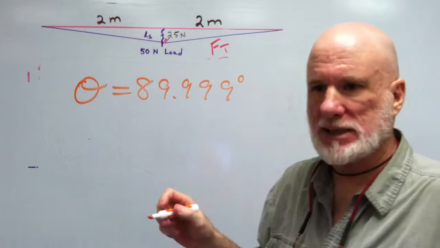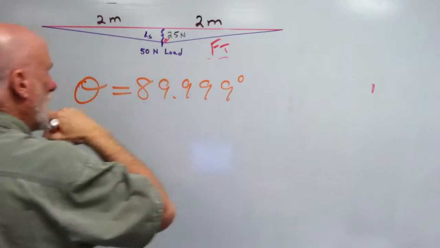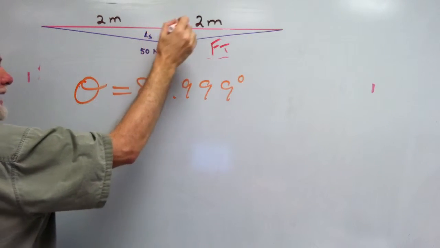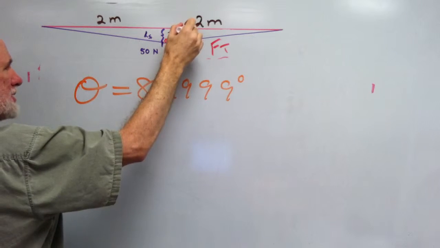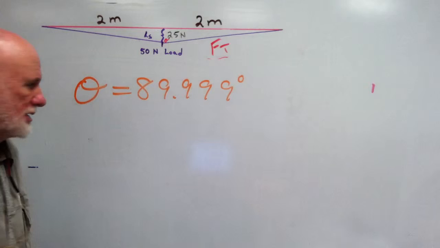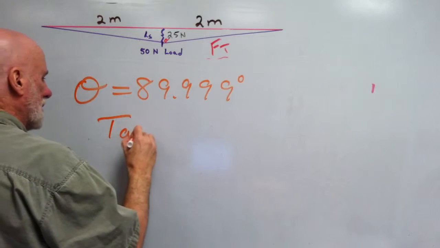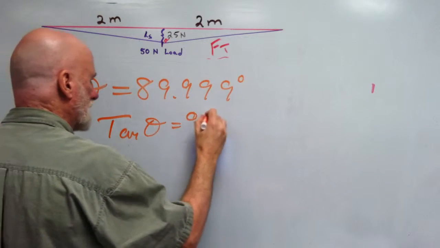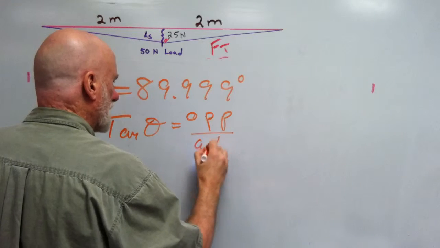So what we say is this. Let's write it out. We have LS, so it's going to be opposite over adjacent. So tangent theta equals opposite over adjacent.